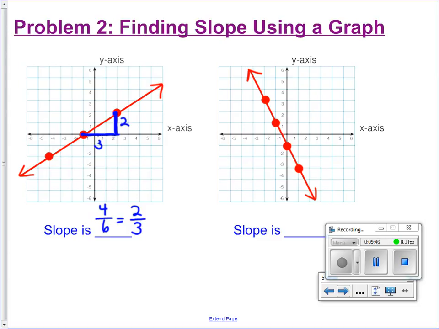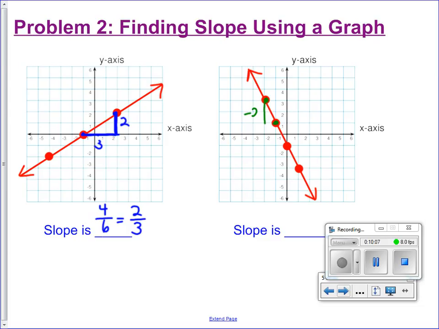All right, let's take another example. In this case, we can pick any 2 points, doesn't matter. We'll start simple and we'll just take this one and this one. All right, so my rise from this point to this point is downward 2 places.